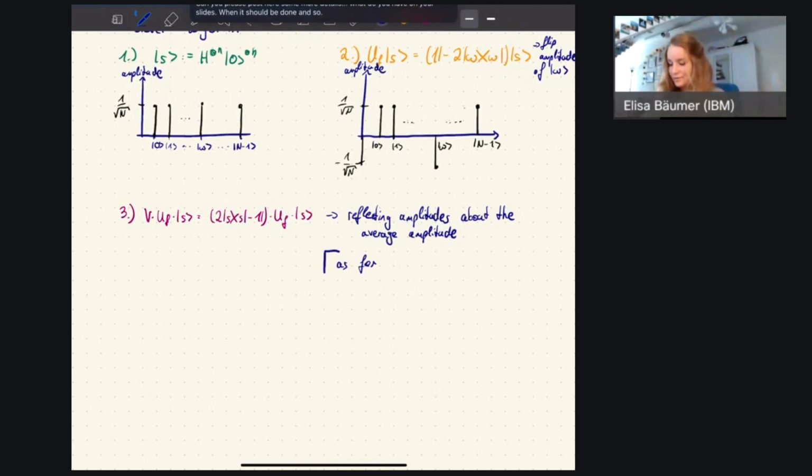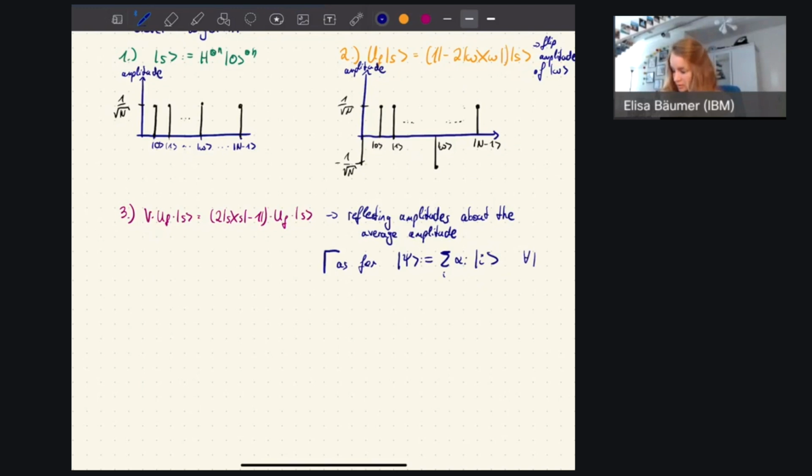So just for those of you who are interested in that, we have psi, which is just any state psi, that is the sum over some amplitudes times state. So this is just a general pure state.